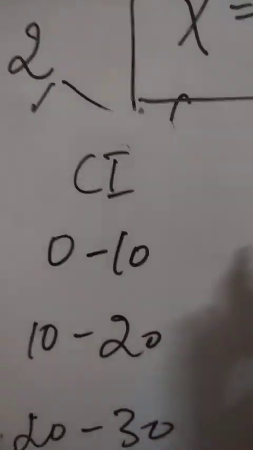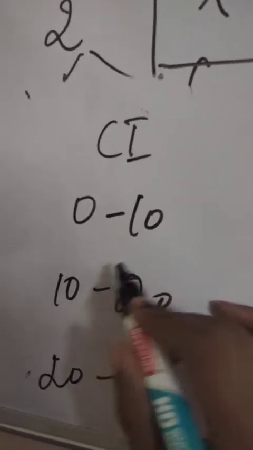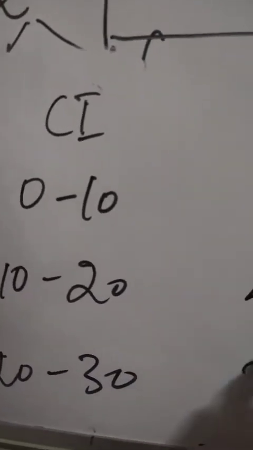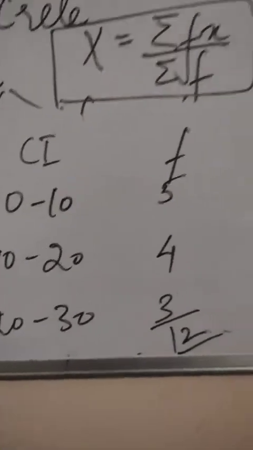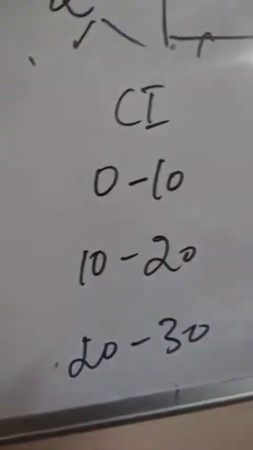So in 0 to 10, if we say there is a frequency of 5 children, that means 5 students are getting marks in the range of 0 to 10. Here we can take the same information, 5, 4 and 3, just to ease the calculation. Again it comes out to 12. Now when we have this class interval, it cannot be multiplied directly, right?